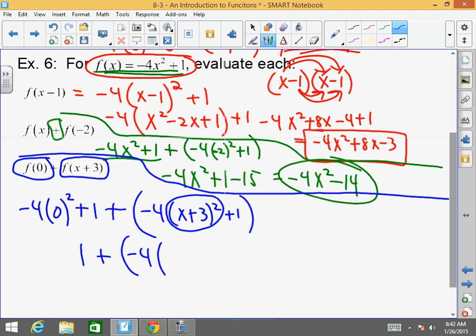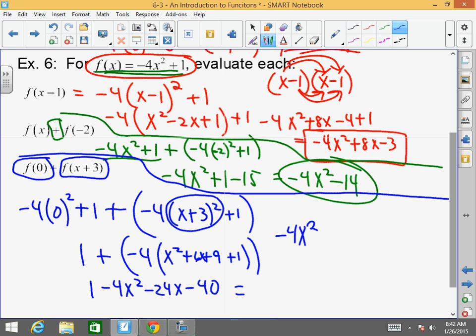Please remember this is x plus 3 times x plus 3, so that's x squared plus 6x plus 9 plus 1. I'm going to distribute that negative 4, so I've got 1 minus 4x squared minus 24x. That's 10, so I'm just going to go ahead and save some time, minus 40, which gives me negative 4x squared minus 24x minus 39. If I wanted to factor out a negative 1, I could.